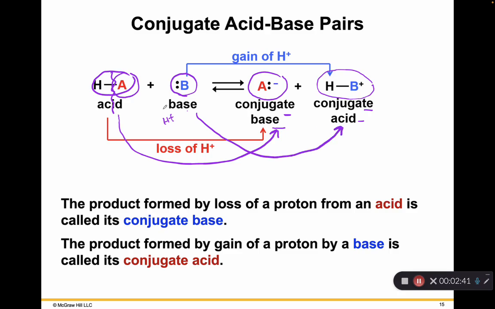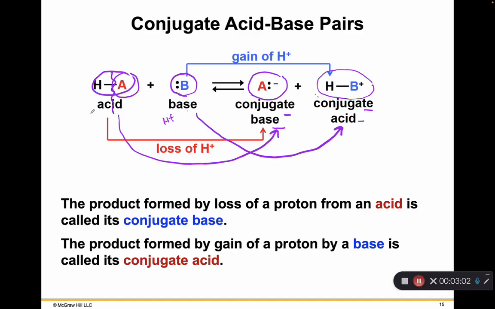So every acid-base reaction has a pair. They do have a pair on the opposite side of the arrow. So the acid will have a conjugate base on the opposite side of the arrow. The base will have the conjugate acid on the other side of the arrow.